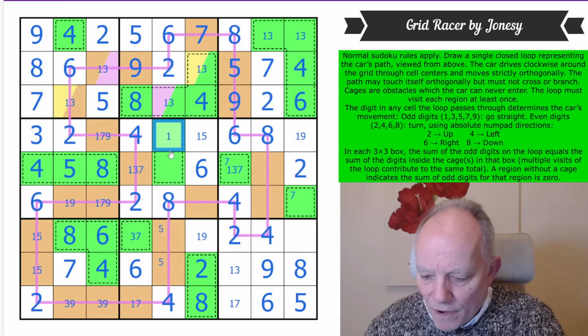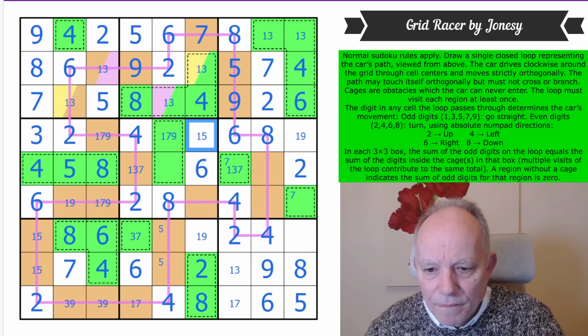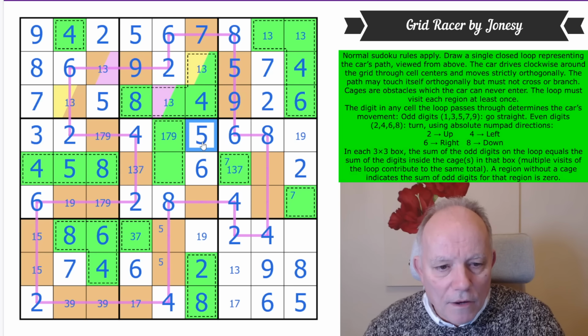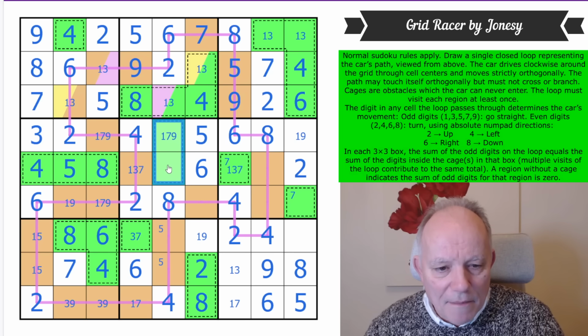This can't be 5. So there's only one place for 5 in this row, and that's here. And now we know that green and orange in this box add up to 20, so they are 10 pairs. So this one can't be a 1.